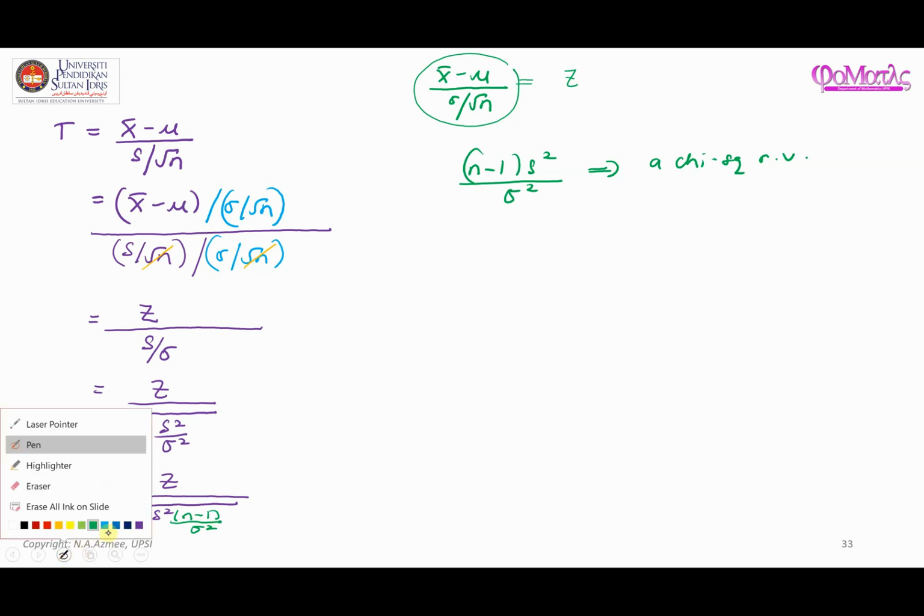And of course, if I don't want to disrupt the stability of our expression, I need to do similar things at the bottom. So sigma squared here, and I have to introduce the same thing, which is n minus 1 over sigma squared.